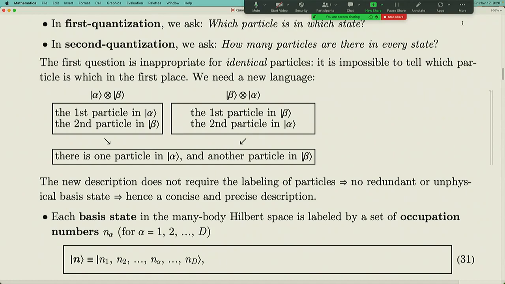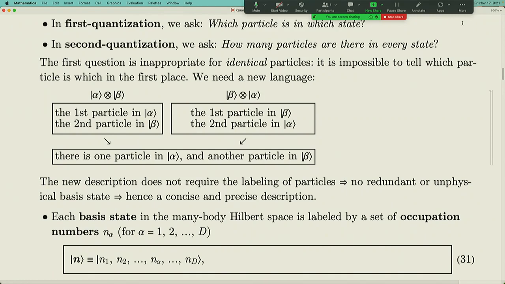These two 1s label this state. So both the alpha beta state and the beta alpha state are first quantized realizations of this one particle in alpha and one particle in beta. We no longer need to distinguish which one is the first particle and which one is the second particle, because we really cannot tell what we mean by the first particle.